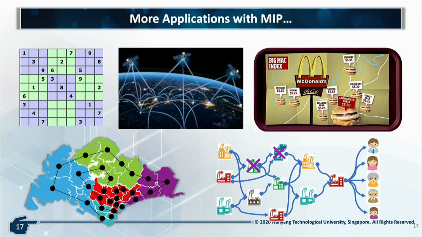And also, you can build this optimization model to optimize the satellite scheduling problem. This is one of the projects I have done during my master. And then you can also build a mixed integer linear program to optimize the price for the company to help them maximize their revenue. You can also, this is the consulting project done for McDonald's.